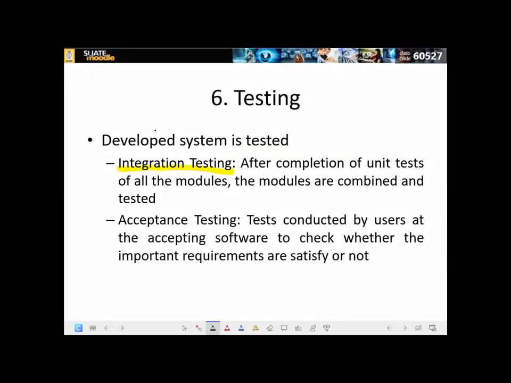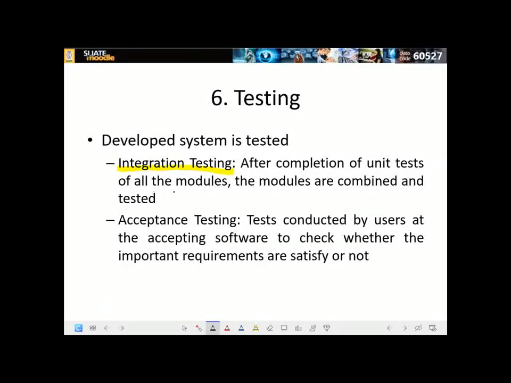So it says after completion of unit tests of all the modules, the modules are combined and tested.